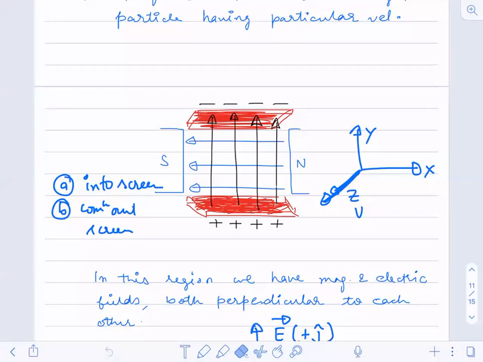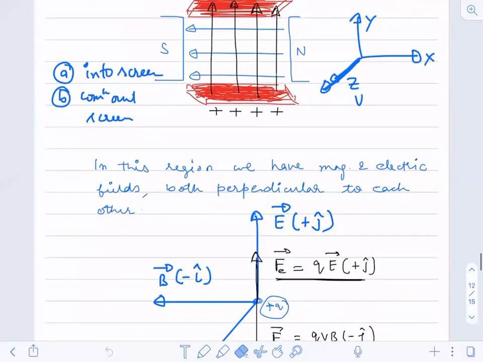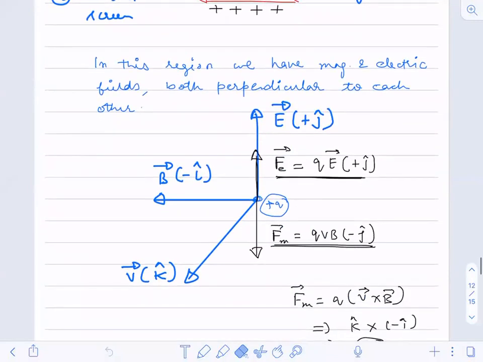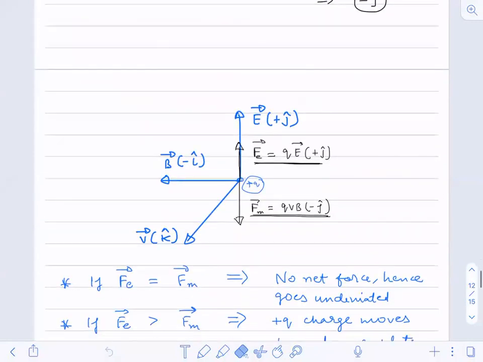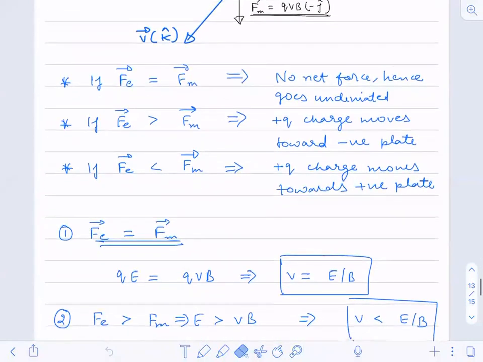Fine. Now, if that is the direction, we have found that the particle will have an electric force. This is the electric force that we have shown in the upper direction, whereas the magnetic force we calculated using the vector product, cross product, and found that it is in the downward direction. Then we did this analysis, which is on your screen.